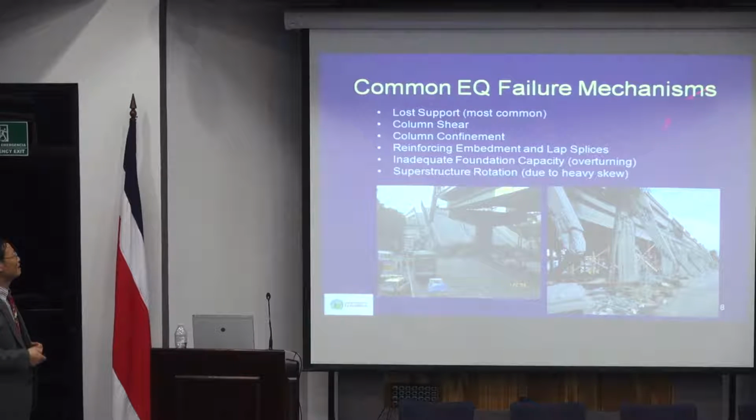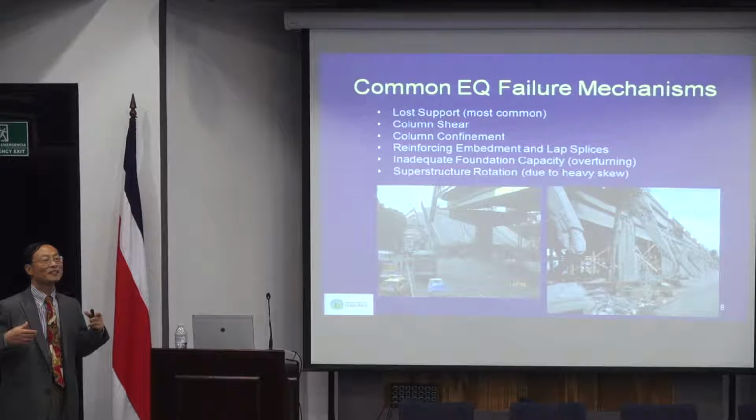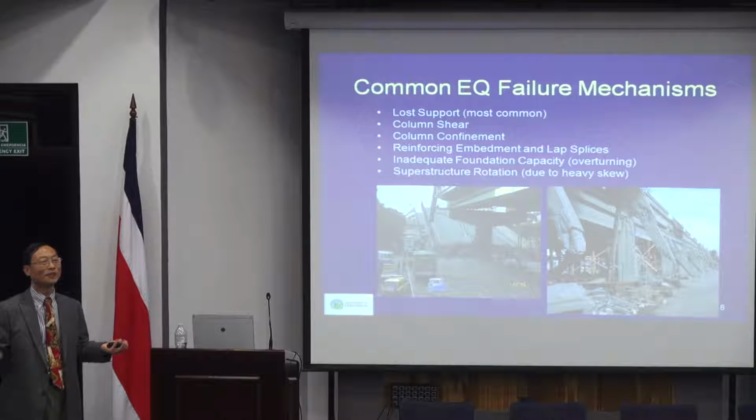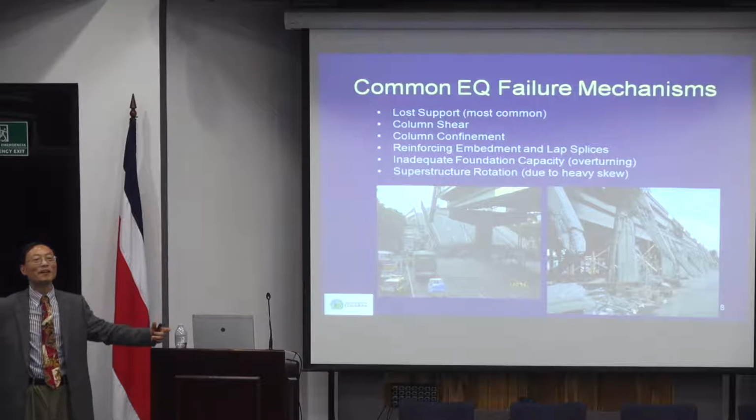The second failure mode is to look at these columns. We know that concrete is a very good material for compression. So if you only design the structure to resist gravity load, like live load and dead load, you don't really need a big column.